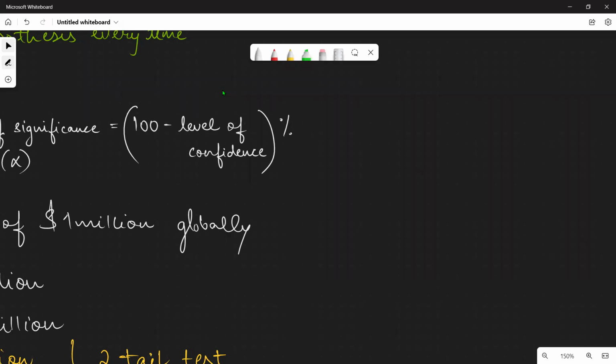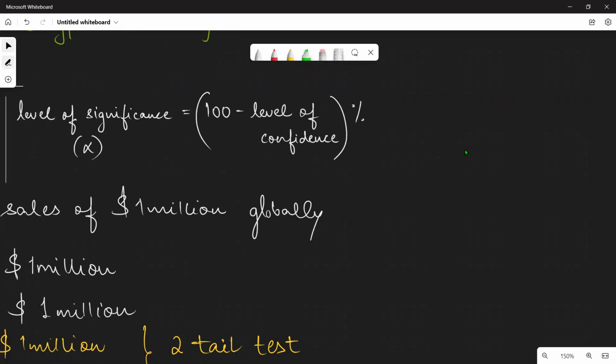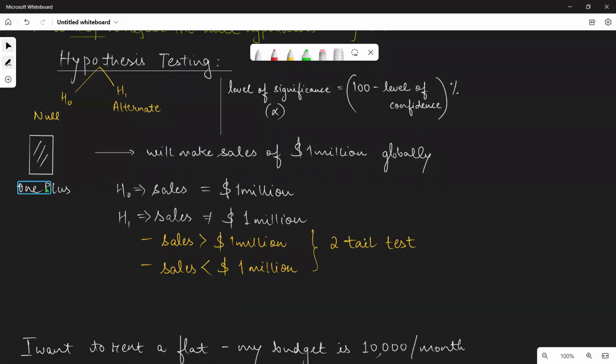For example, you have a company called OnePlus, and this OnePlus company claims that they will be able to make sales of $1 million globally.